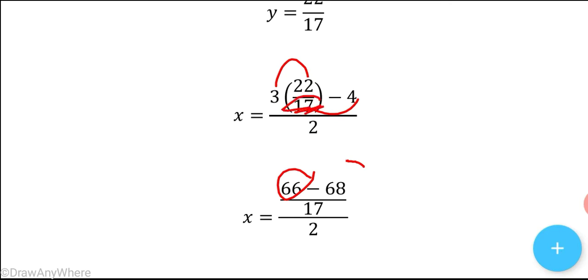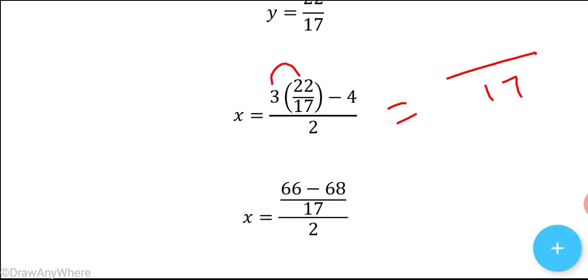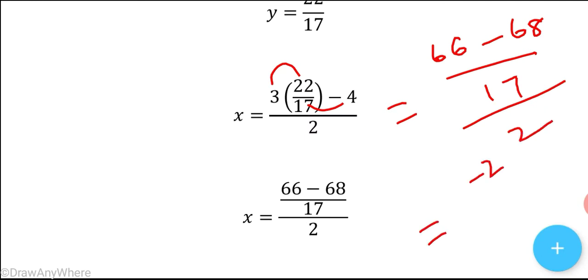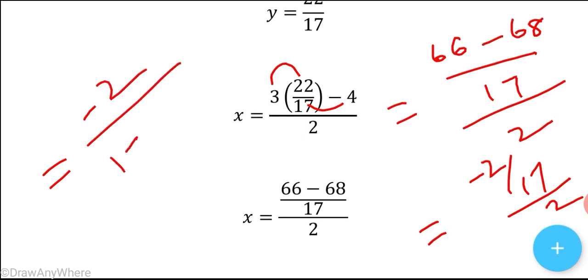So that is equal to minus 2 divided by 17, the whole divided by 2, which is equal to minus 2 divided by 17 into 2.